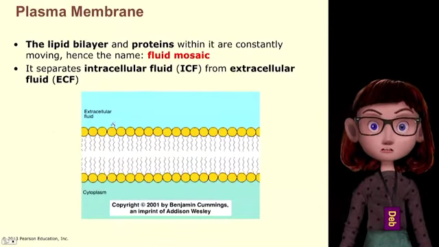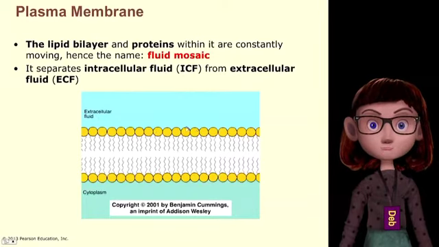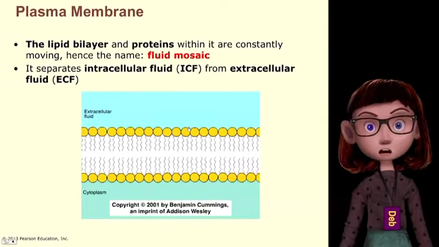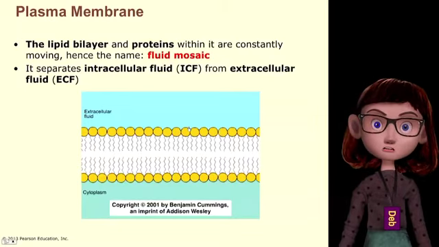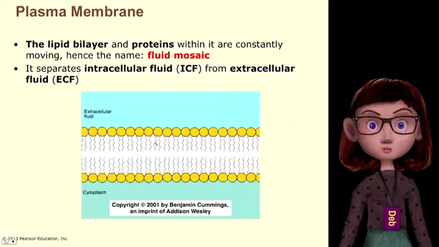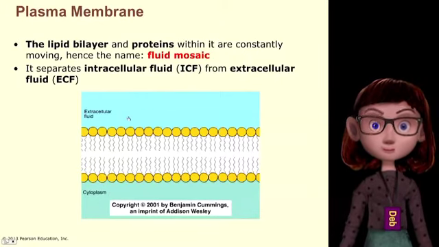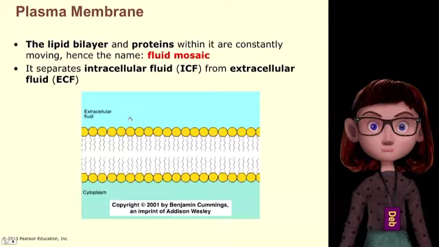It also, in reality, has many structures that are embedded in it, various types of proteins. And scientists, when they were studying the cell membrane, discovered that these proteins actually will migrate, move around a little along the membrane. And so the name fluid mosaic came from the fact that the proteins somewhat move within the membrane, and it looks like a mosaic pattern.